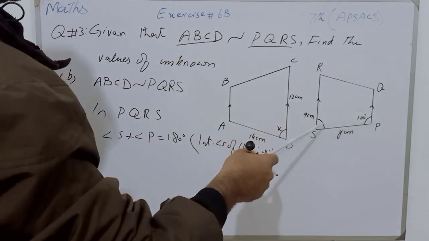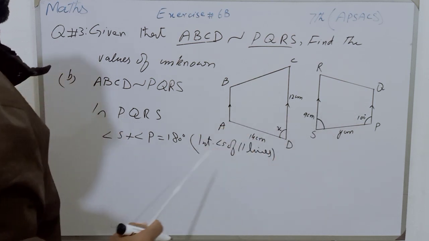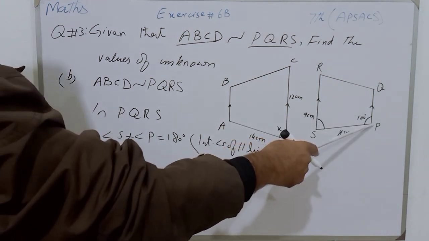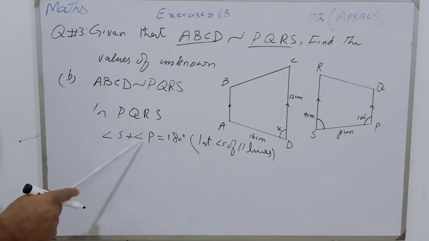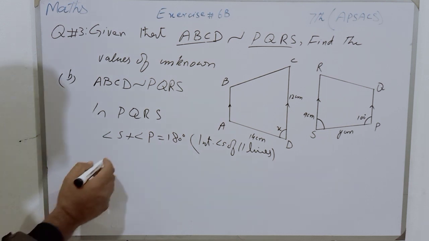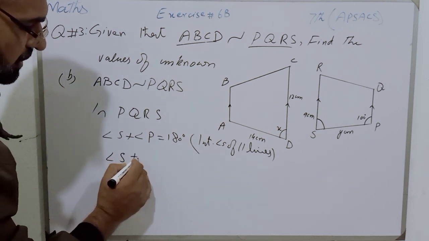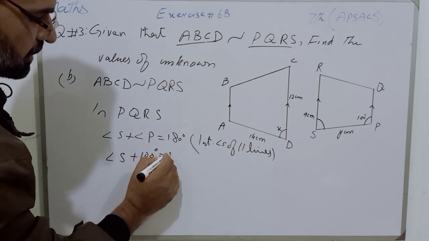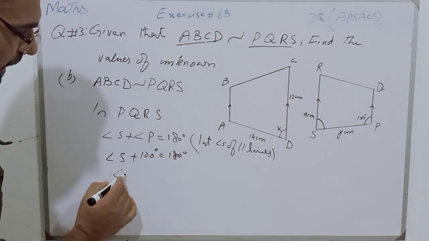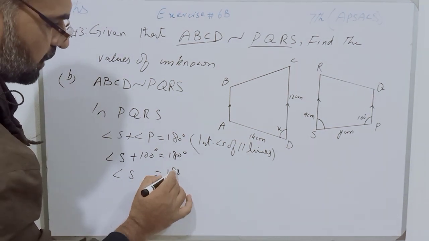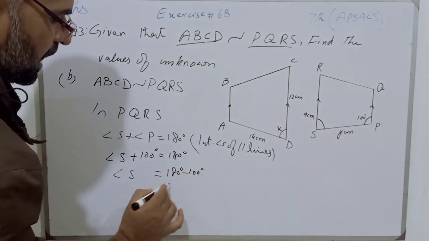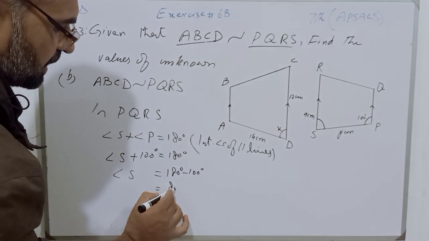These angles are also called allied angles of parallel lines. So the value of angle P is 100 degrees. In place of angle P I will write 100. So angle S plus 100 degrees is equal to 180 degrees, and angle S is equal to 180 degrees minus 100 degrees, and the value of angle S is 80 degrees.